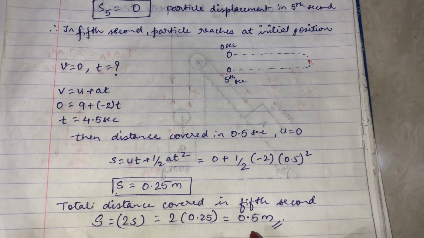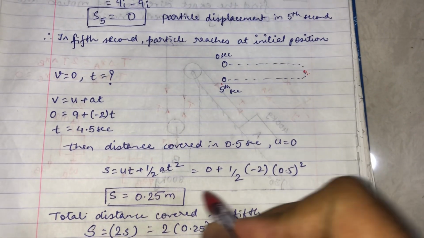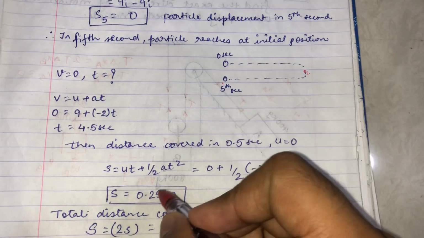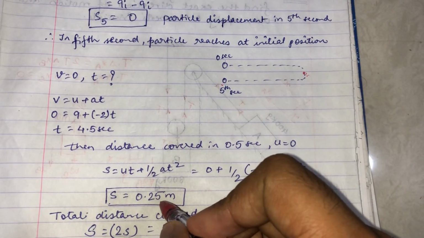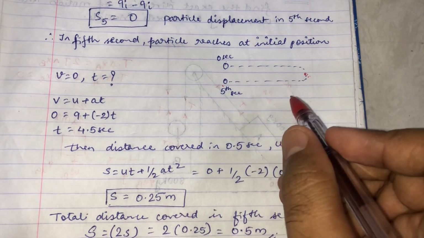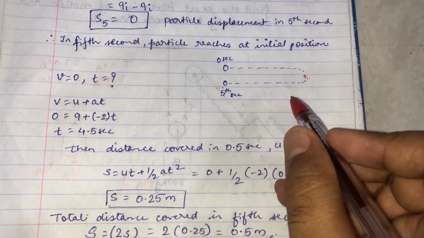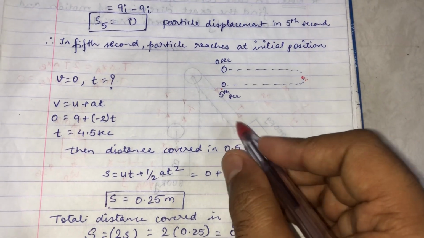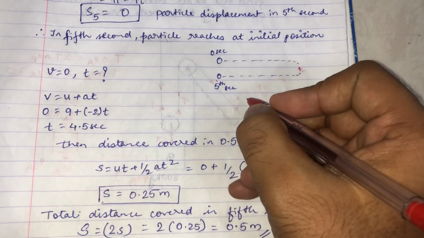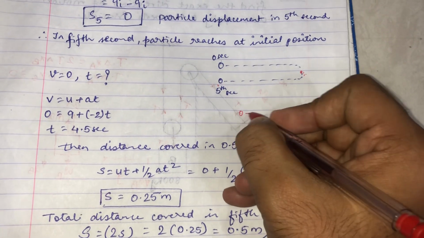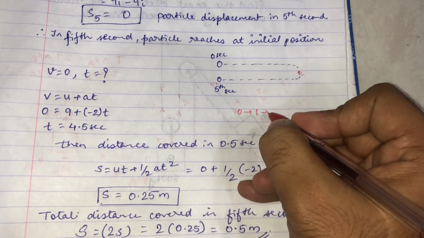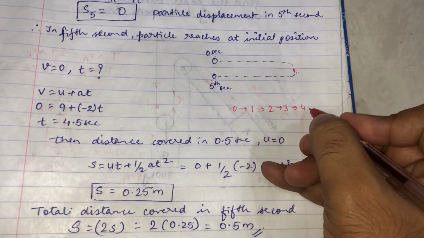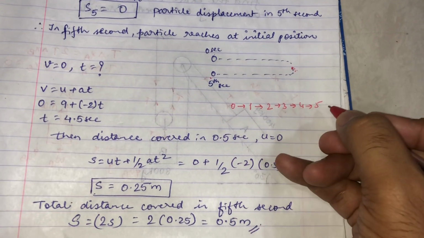Is it clear? Now once again I am repeating, in the last 0.5 second, you got s is equal to 0.25. For making the fifth second, every second will have one value. Let's take 0 to 1 second, 1 to 2 second, 2 to 3, 3 to 4, and 4 to 5.